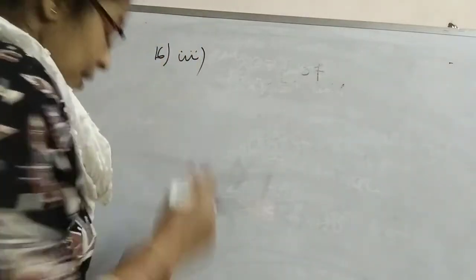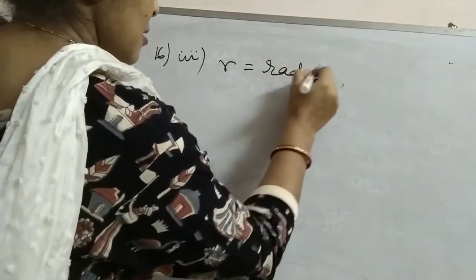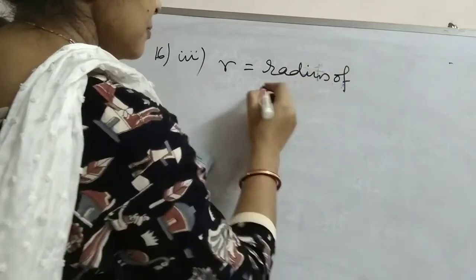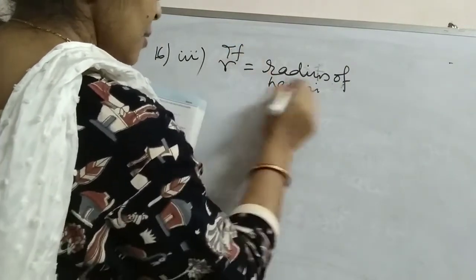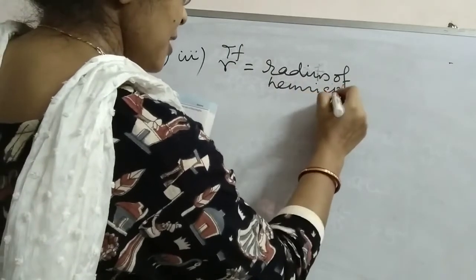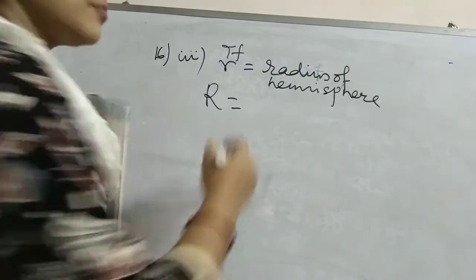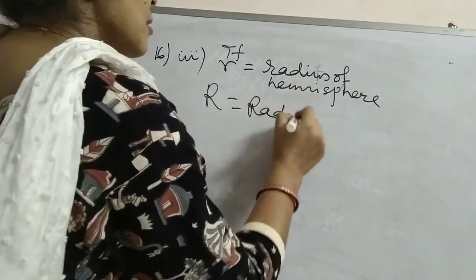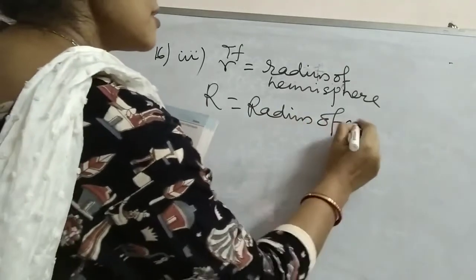Okay. Small r equal to the radius of the hemisphere and capital R equal to the radius of the sphere.